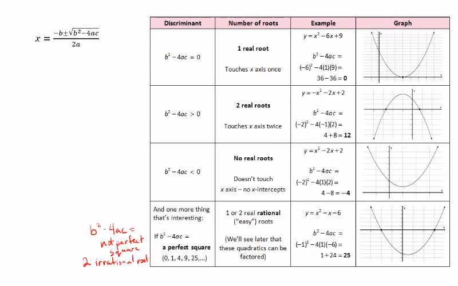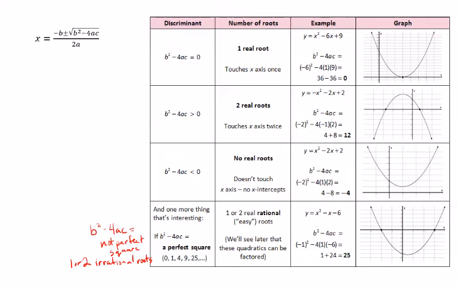And actually, it could be 1 or 2. So let's just say 1 or 2. So we look at if it's positive. If it's positive, we look at if they're perfect squares or not perfect squares, and that tells us if they're rational or irrational.